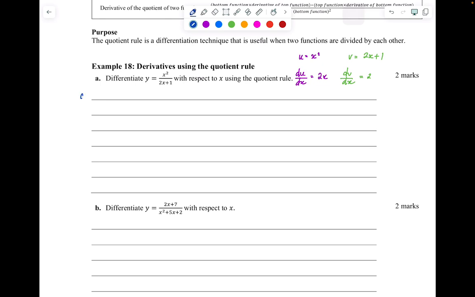So we'll go ahead and write the rule first, dy dx. Here we can see that there are two functions being divided by each other, u divided by v. So the derivative of this particular function will be v times du dx minus u times dv dx, all over v squared.